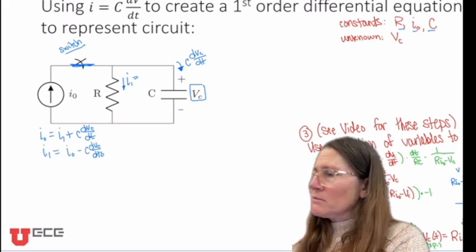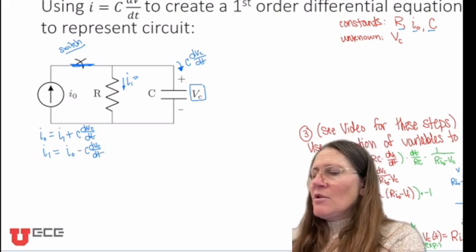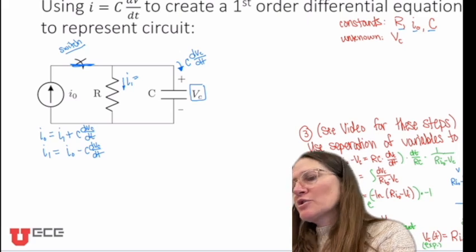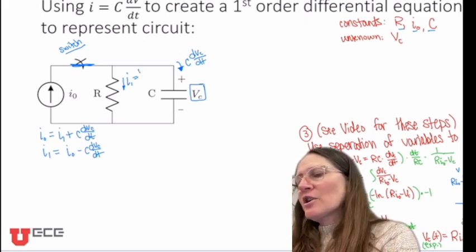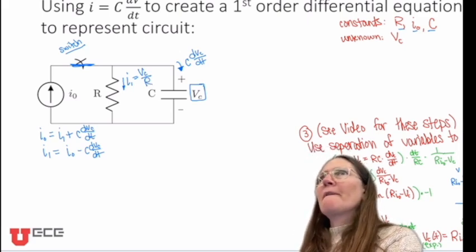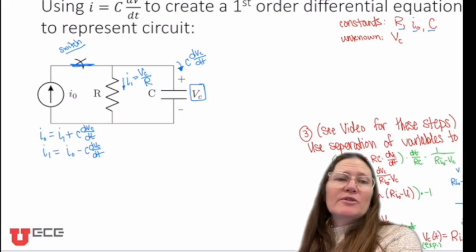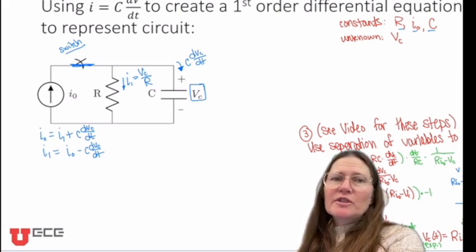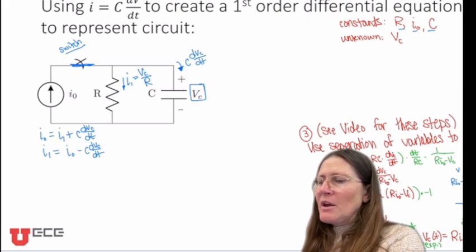Or we can use Ohm's law there. We're trying to solve for VC, so this could also be written as VC over R. Either way, neither one is wrong, they're just different ways of writing the same thing.